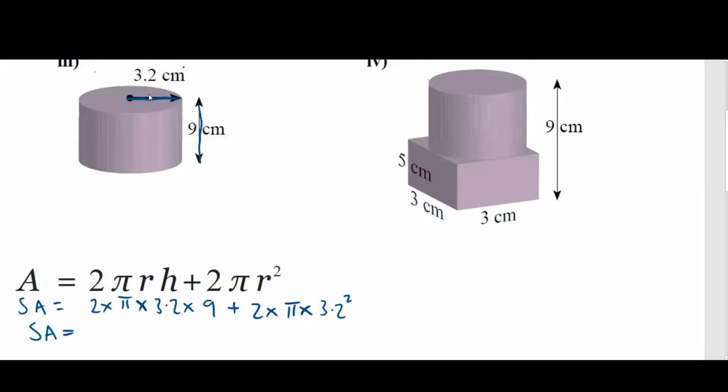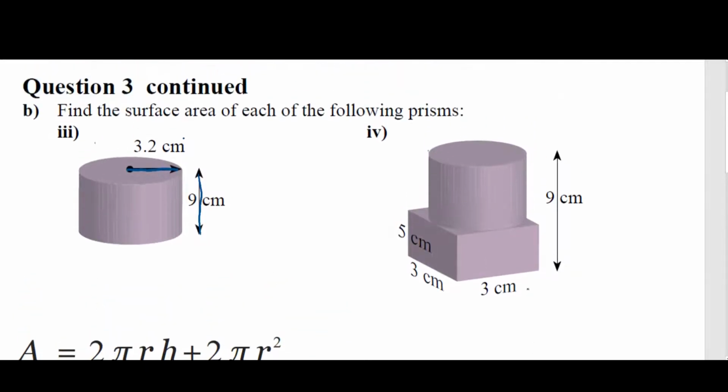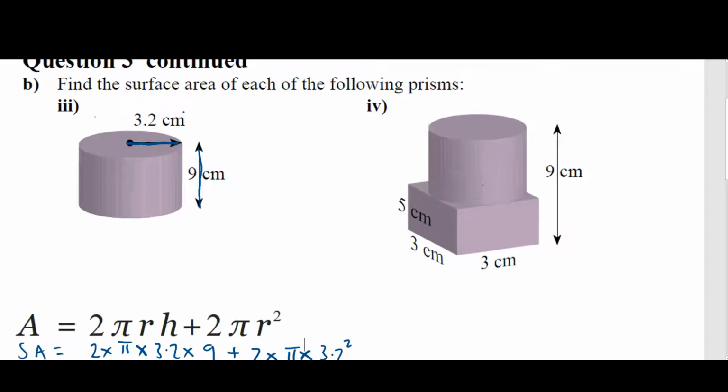And that should give you this: 245.295 square centimeters to 3 decimal places. Okay. All right, next one. We've got this shape here.